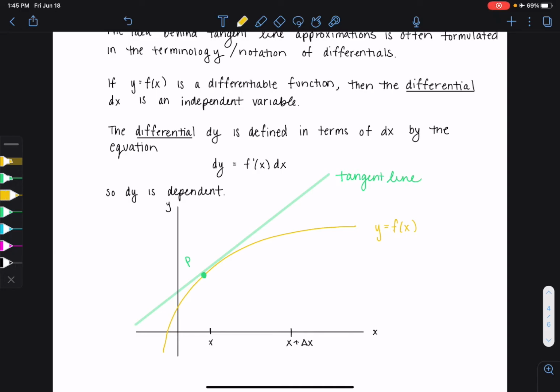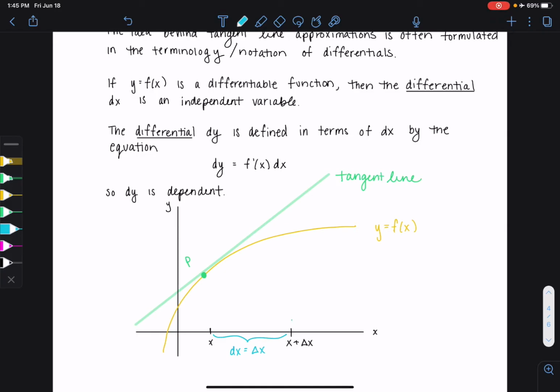The difference between these two is delta x, so it's our change in x. That's really exactly what this differential dx is. It is the true change in your x value.